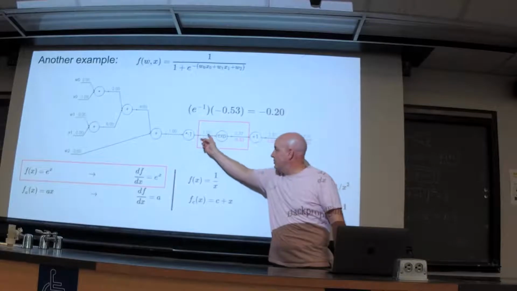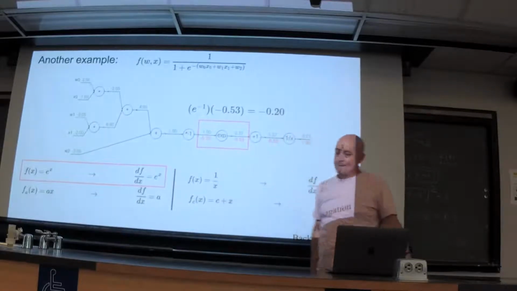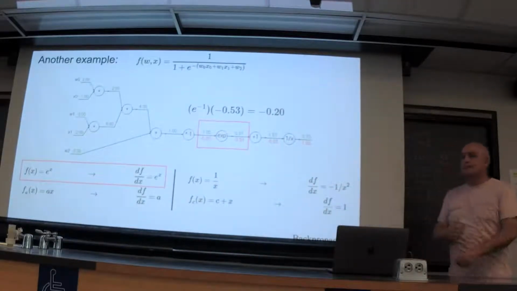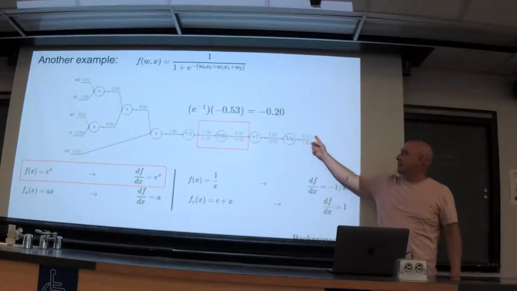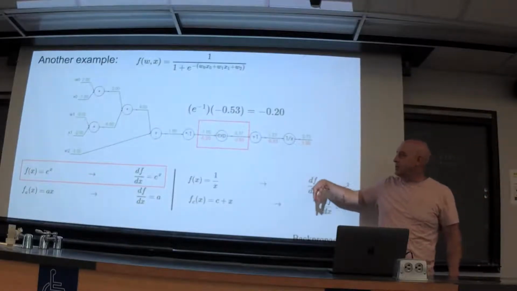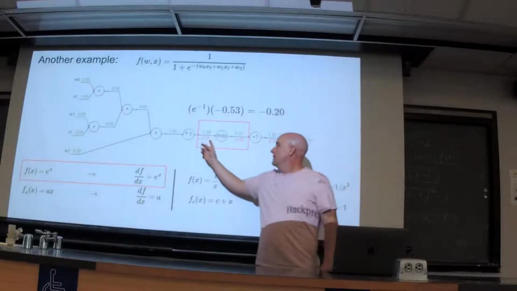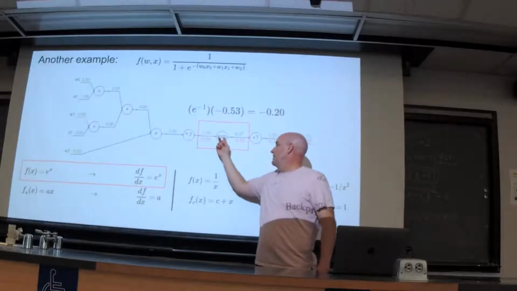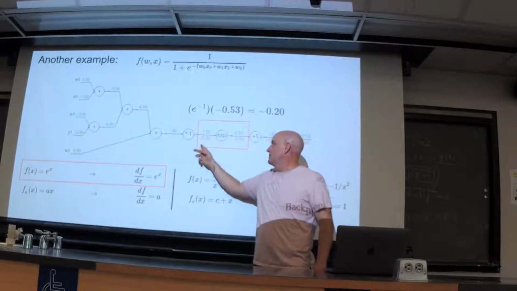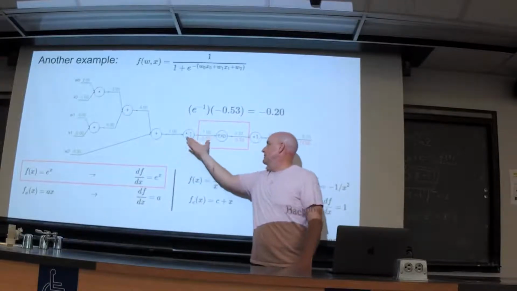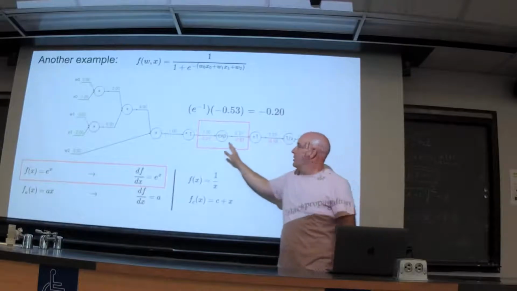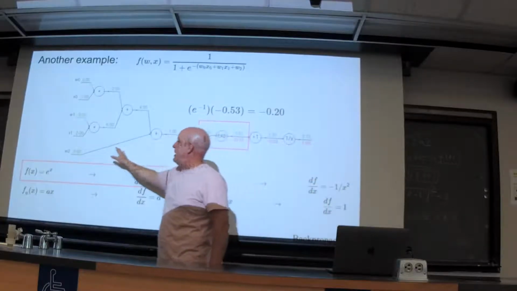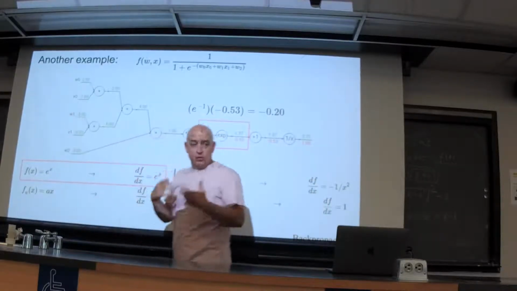What does this number here represent, minus 0.2 at this point? It's the partial derivative of the final output with respect to the input to this operation, or the output from this operation. Those are the same thing, right? We're going to keep doing this until we get all the way back to the parameters, which is what we care about.